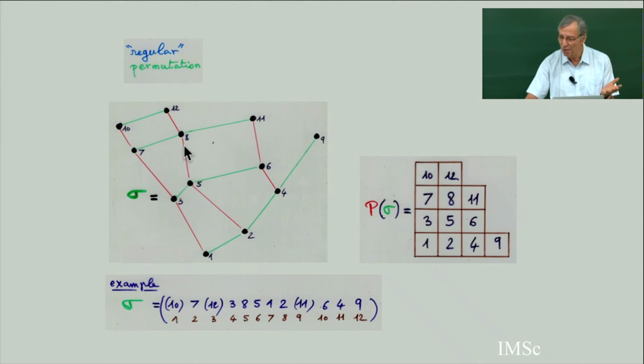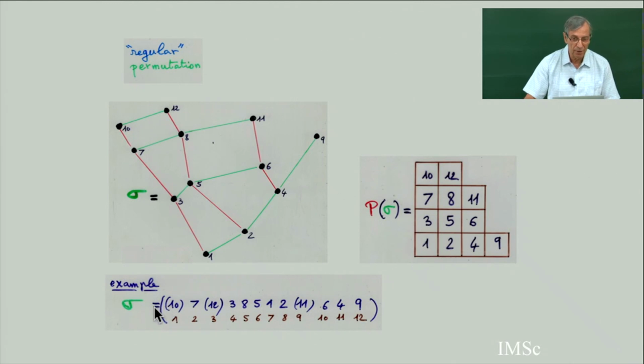It's a whole class of permutations, and the definition of a regular permutation is a permutation for which there exists a Young tableau such that each row of this tableau is an increasing subsequence of the permutation. Each column is a decreasing subsequence.